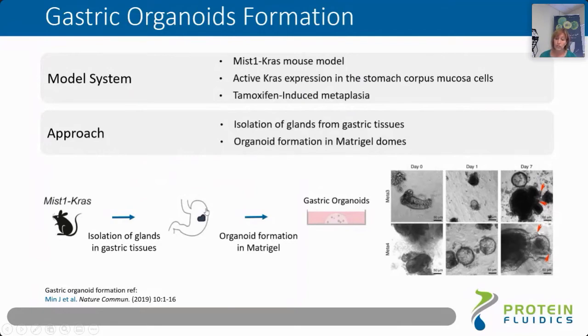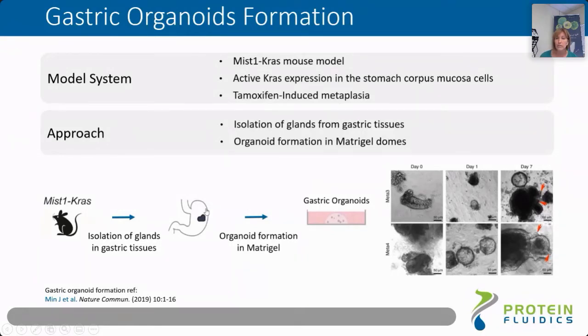So in their research, they use a mouse model with active KRAS expression in the stomach cells, and they create organoids by isolating glands from gastric tissues, and then they transfer them to Matrigel for the formation of 3D structures.